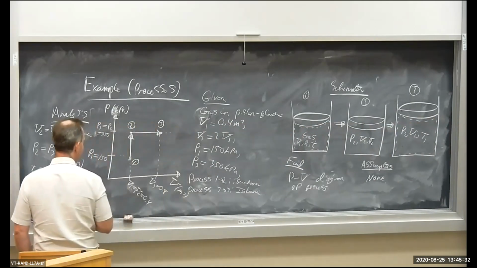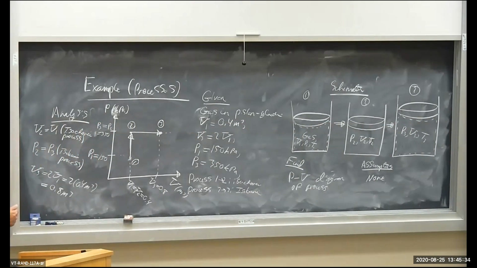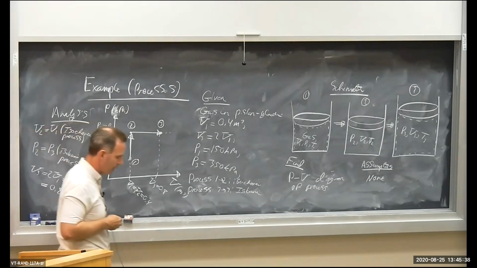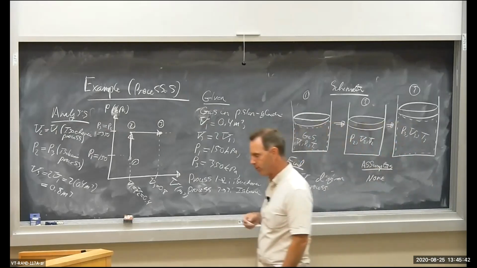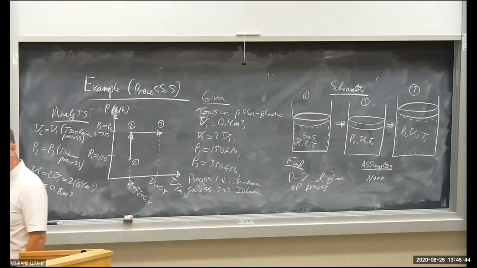That's how you're supposed to do a problem. Of course, don't squish things up quite as much as I've done here because I'm trying to get everything on one board. Space it out a little better in your homework assignment.